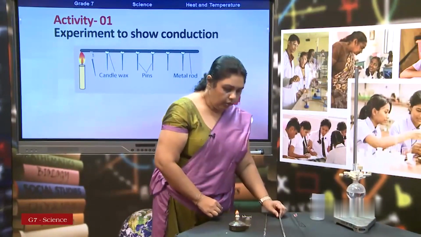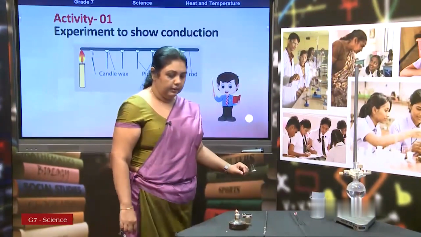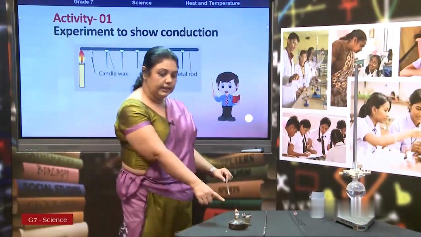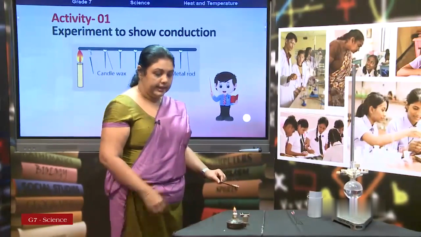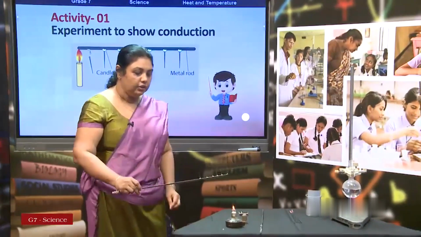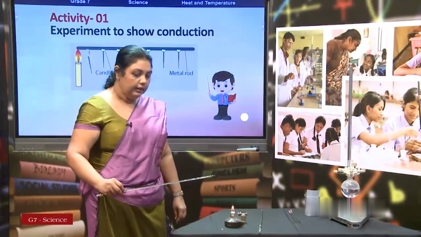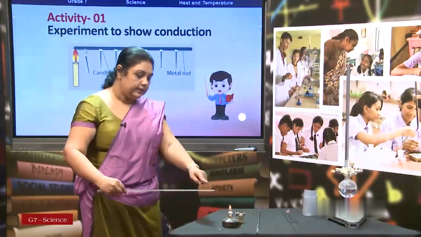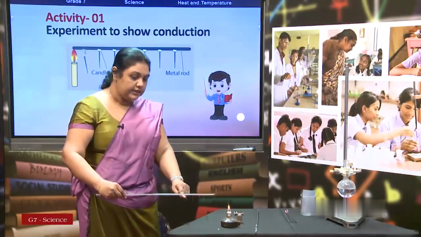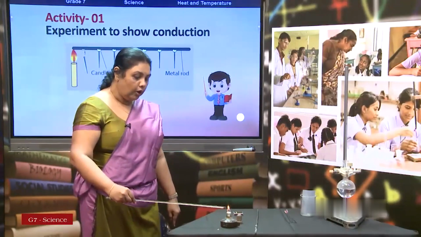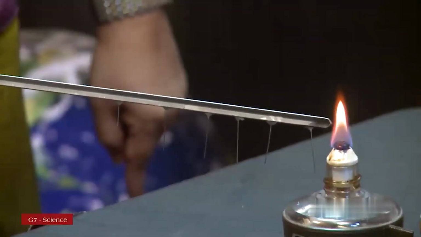Right. Now, what I am going to do here, children, is give heat. You can see this heat is there. I am going to give heat to this. Now, look at these pins which are fixed here, how they will fall down with the heat when I am giving it to them.